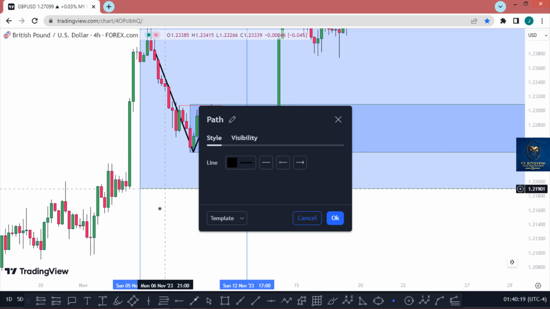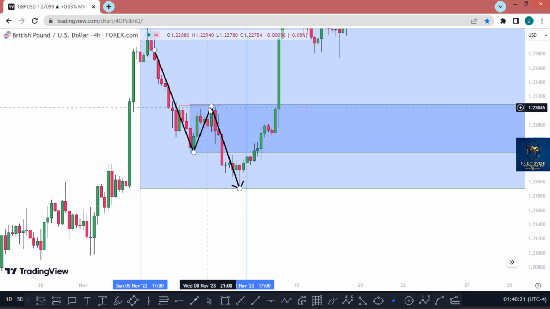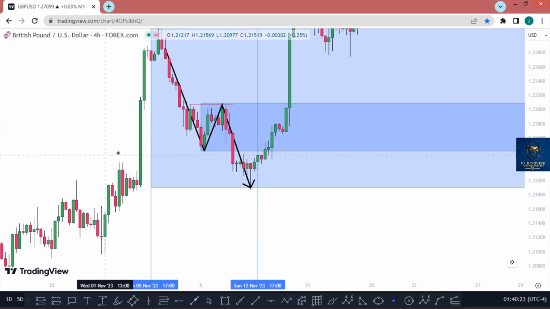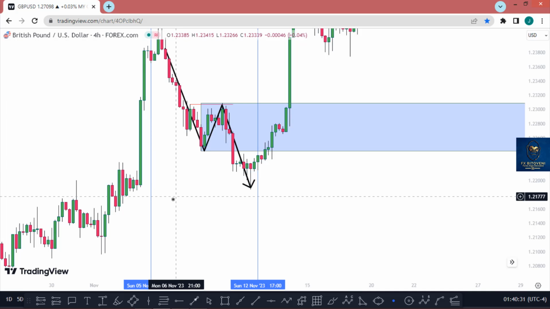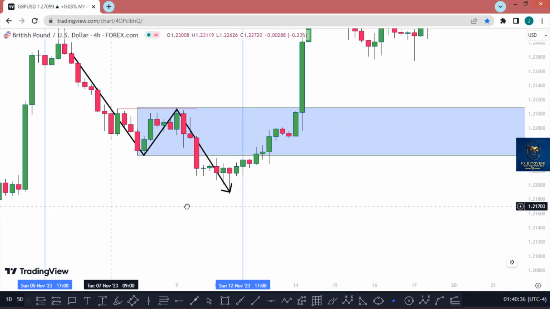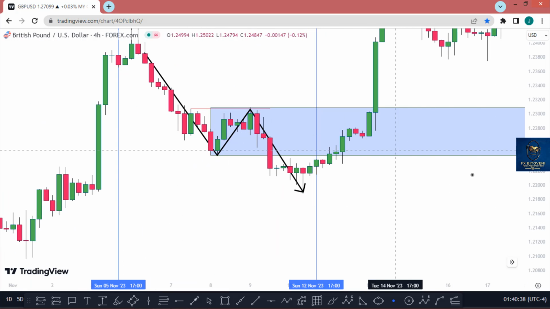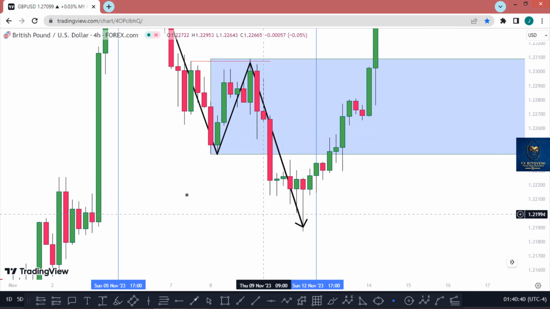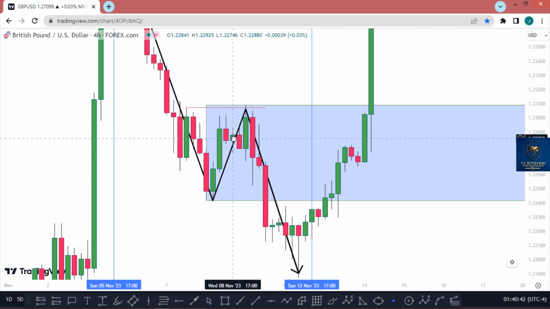Inside this move, this redistribution, do we have any form of reaccumulation that was formed? Assuming this is the right zone, if you look closely, you can easily see it.